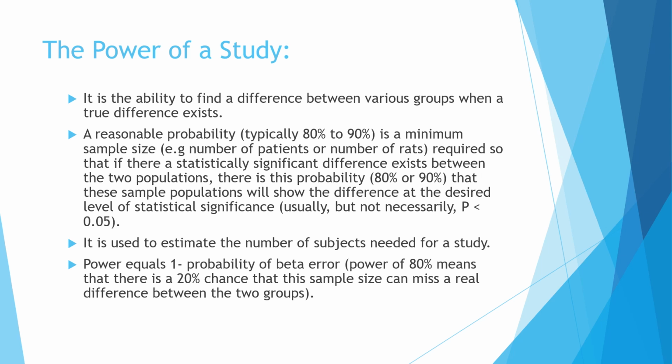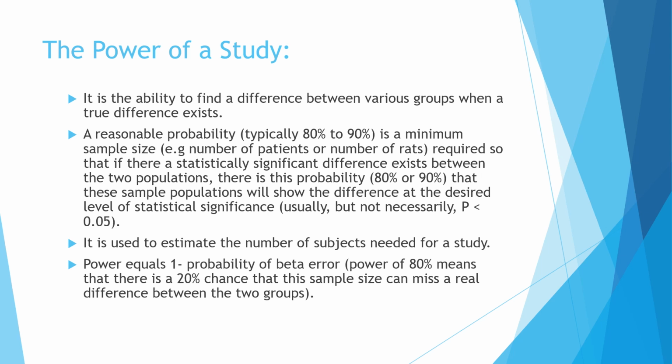So let's review that. You're studying, for example, two groups, treatment A and treatment B. Actually, treatment A is better than treatment B. So you want to have a good probability that your study will show that treatment A is better than treatment B, because this is actually the reality. You want to have a study that will show that.